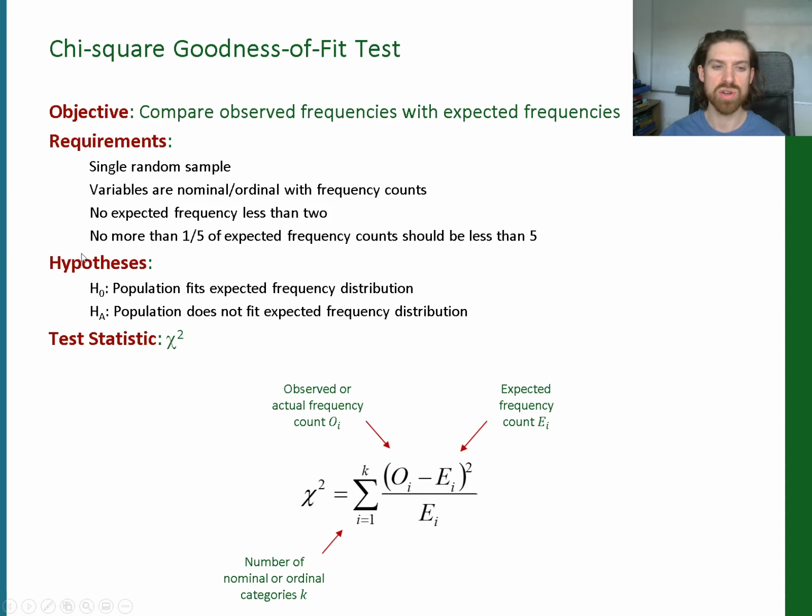This is basically trying to avoid the test results being biased as a consequence of not having enough data points across the different categories that you're interested in testing.